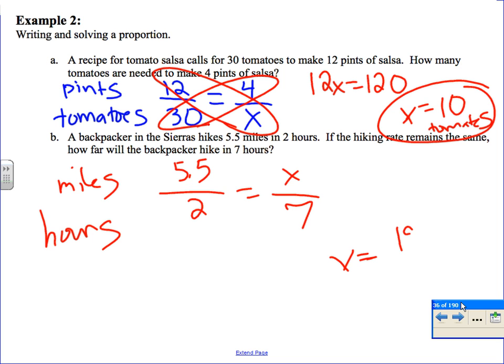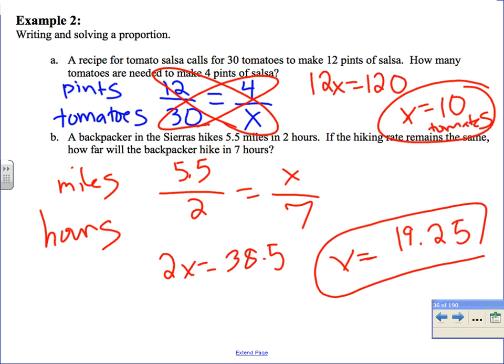Did you have this proportion? 5.5 over 2 equals x over 7. Did you use cross products? You got 2x equals 38.5. Okay, that's why. And then divide by 2. So, Briar, what should we get for B? Okay, 19 and a fourth or 19.25. And that would be miles. Zach, you just multiplied wrong. You okay? Okay. All right, letter C.